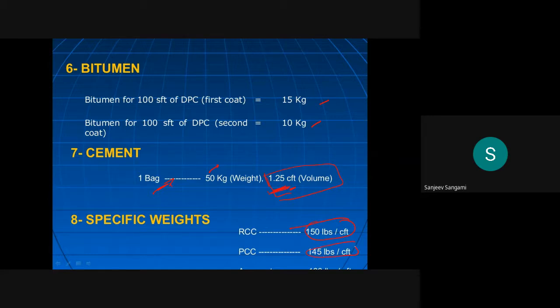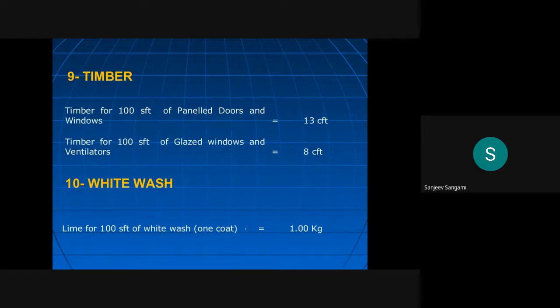You convert this into our SI system, then you prefer it. Then timber, I am giving in feet only. Most of the time we'll follow feet, but if you see our IS codes, most of the things are in SI systems.